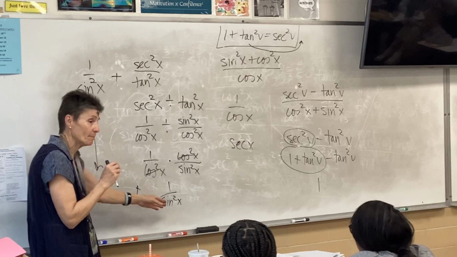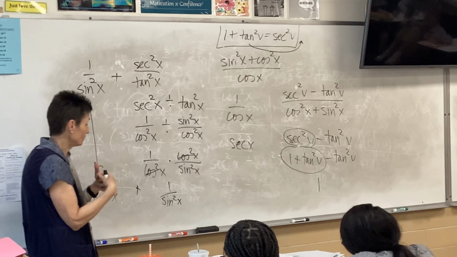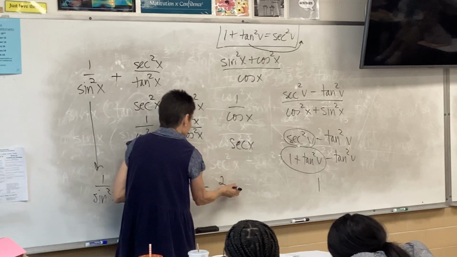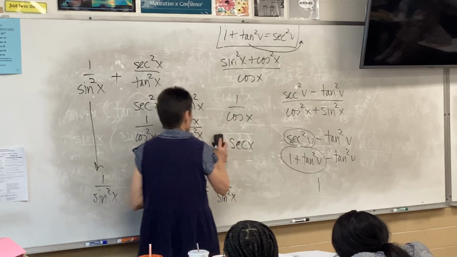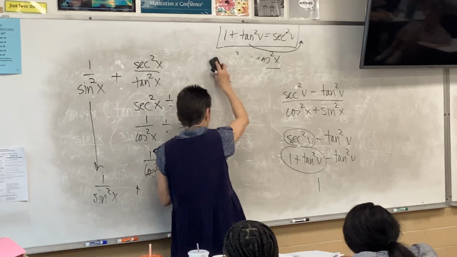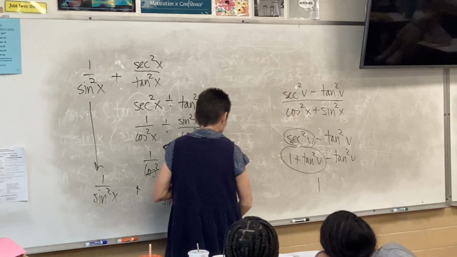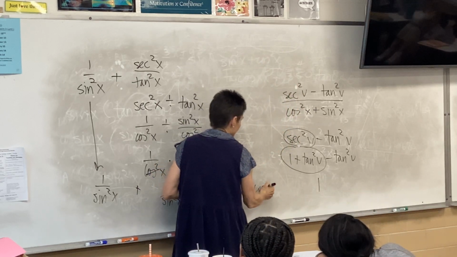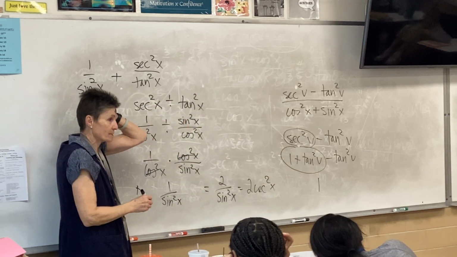They already have a common denominator, so I'm ready to add them. What do I get? 2 over. Exactly. So 2 over sine squared. That's fine. If you wanted to, you could write that as 2 cosecant squared, because 1 over sine squared is cosecant squared.